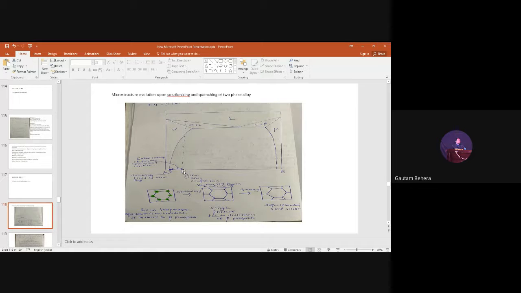But I have taken an alloy of this much composition and I'm heating it to this temperature, then quenching it, or rapidly cooling it, to room temperature. So that means I am keeping a lot of solute atoms in my matrix now. A lot of solute atoms will be there in dissolved form. So that is why it is a supersaturated solid solution. It is a solid solution but a supersaturated one.